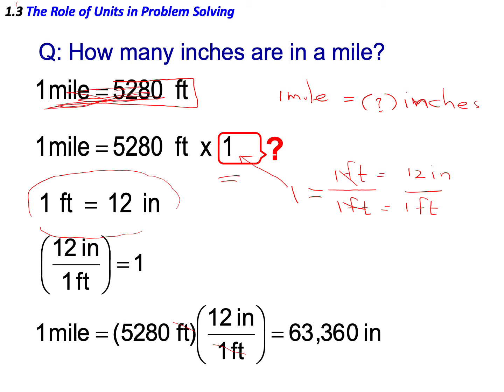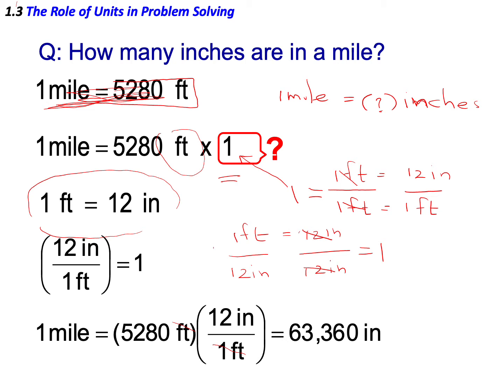So when you make this 1, you can use the second conversion given, and you can write this conversion in such a way that you can cancel one unit with the same unit in the conversion. You can make this 1: 1 foot is equal to 12 inches. You can divide both sides by 12 inches, so now you can cancel 12 inches with 12 inches, and you still make 1, but here you have 1 foot divided by 12 inches.